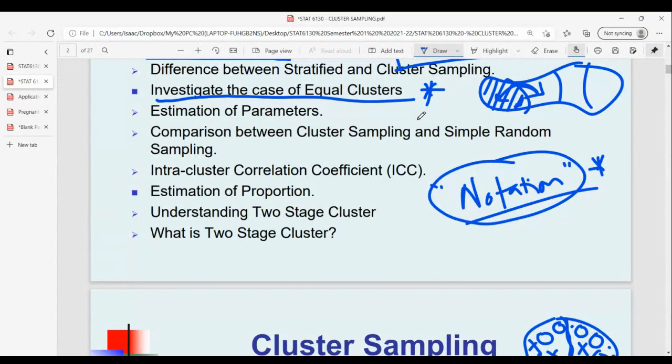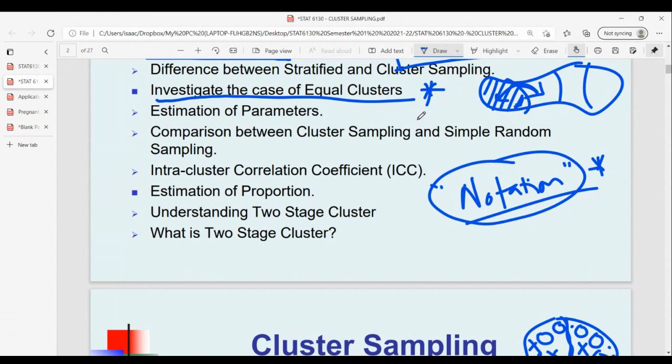So in practice, when we come across a real life problem, it's really difficult to say, after you divide the population, whether you'll have an equal number of sampling units in each cluster. That is very, very difficult to say, right, before you start any sampling process.